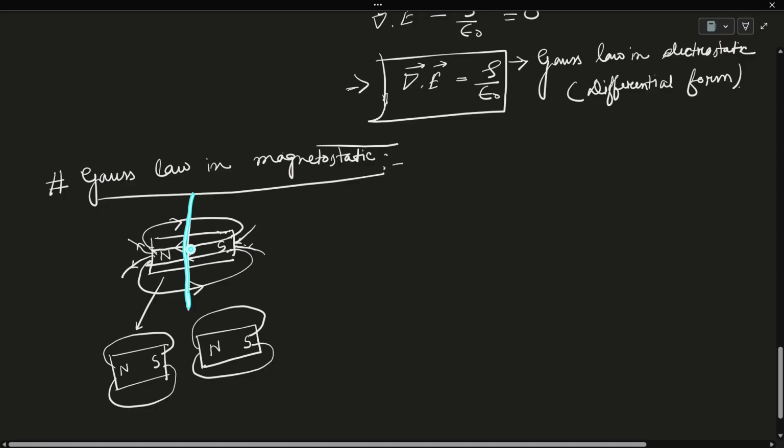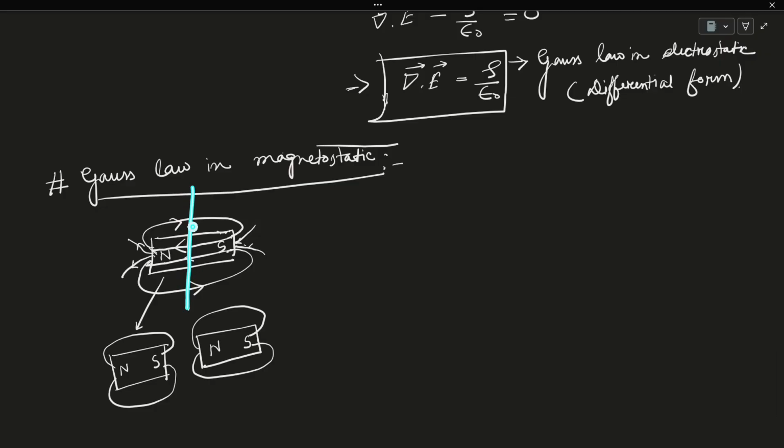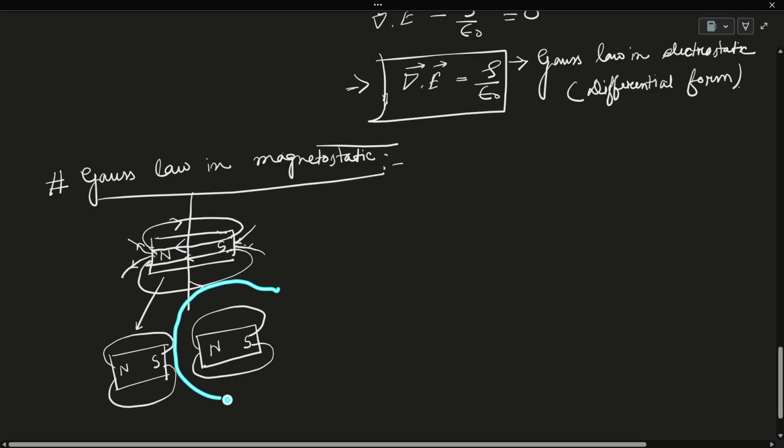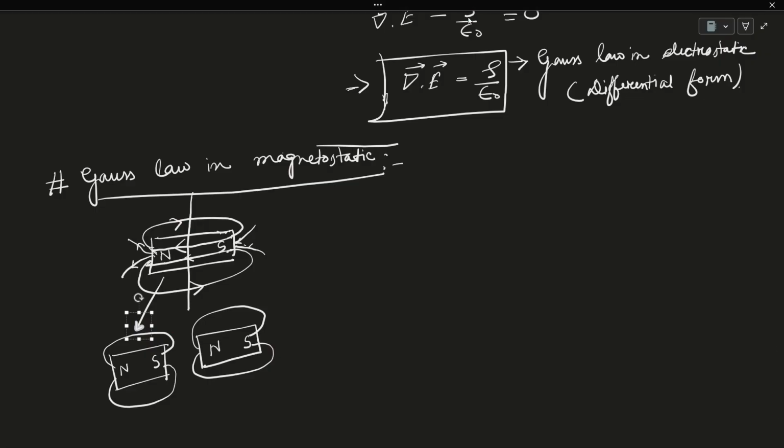Because, as you can see, if we break the bar magnet at this position, we can always consider a surface like this. Now if I consider a closed surface, and inside there is a bar magnet or anything, it doesn't matter, the magnet should be inside the whole surface.